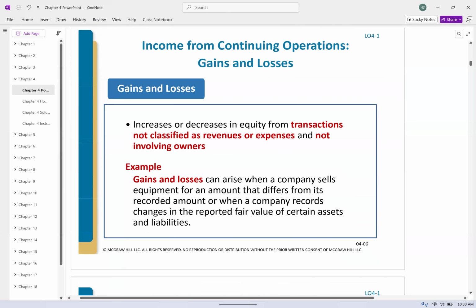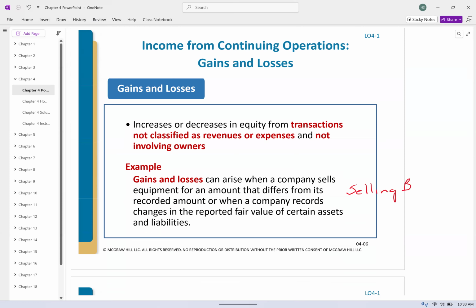Okay. So then we have gains and losses from continuing operations. These are the things that you're not going to see every single period. Every single period, Walmart's going to be buying and selling stuff. Okay. They're not going to be buying a new building every single period. Okay. So if they have a gain or loss on selling a building, we don't want that to be in the continuing operations.